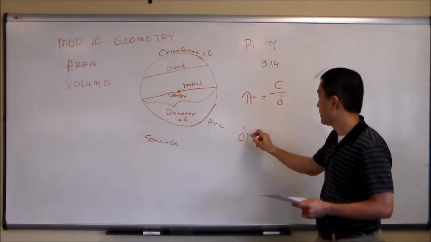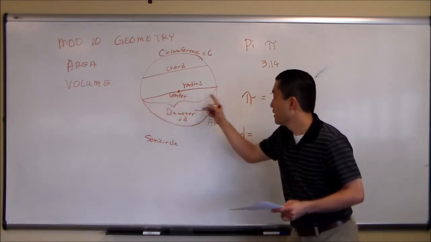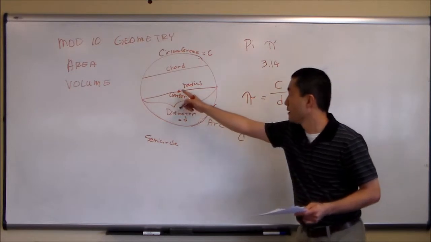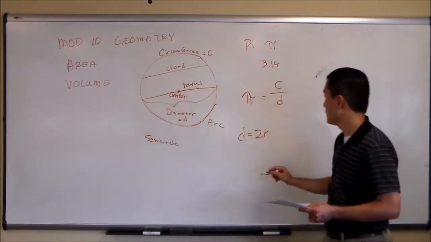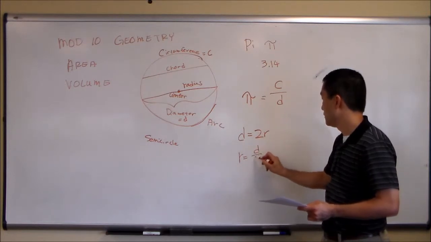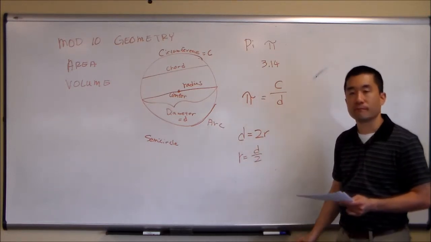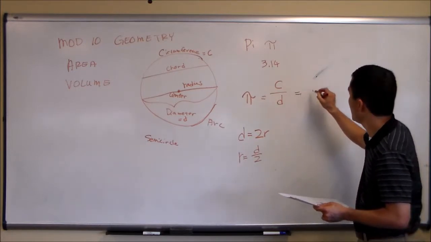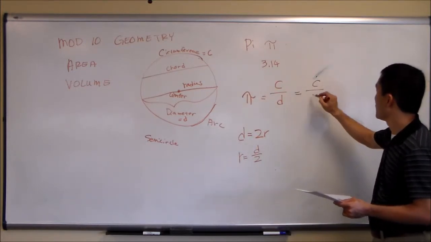Well, the diameter, if you look at it, is twice the radius. Radius is 1/2 of the diameter. That means the radius is d over 2. So in this case, this would be c over 2 pi.